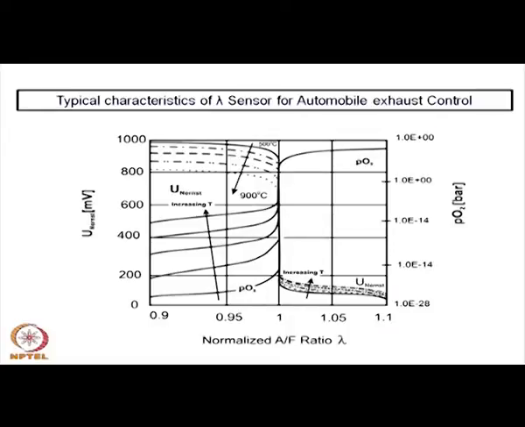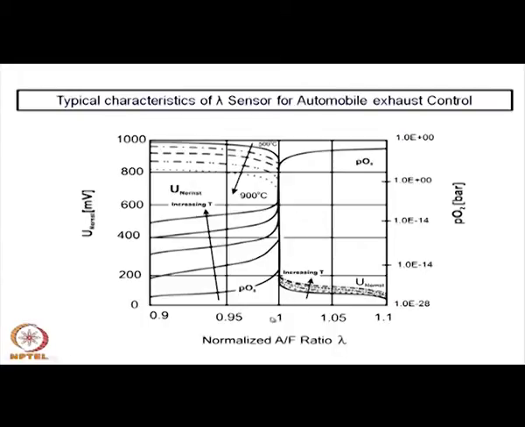So, compared to air, if the PO2 is very low, then you have a very high EMF, whereas if the PO2 is very close to air, then you have a very low EMF. So, this variation is just like this. It has a very high value in the reducing condition, whereas a very low value in the oxidizing condition.